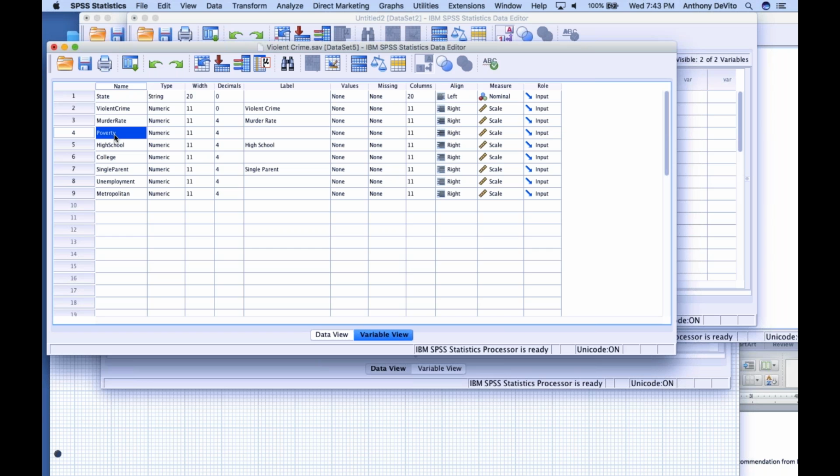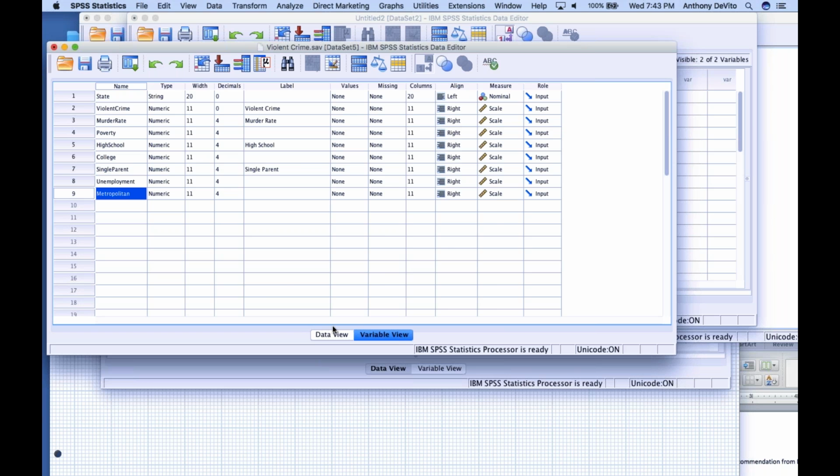Poverty rate is the percentage of the population below the poverty line, then the percentage of people that completed high school or college, the percentage of families that have a single parent, the unemployment rate, and a measurement of whether the locality is largely a metropolitan or a rural environment.